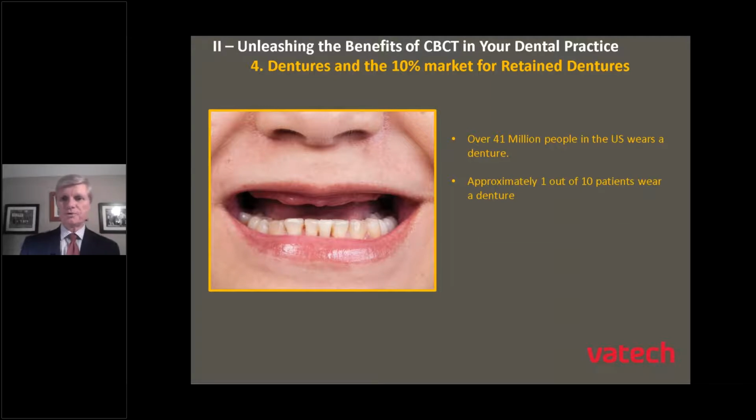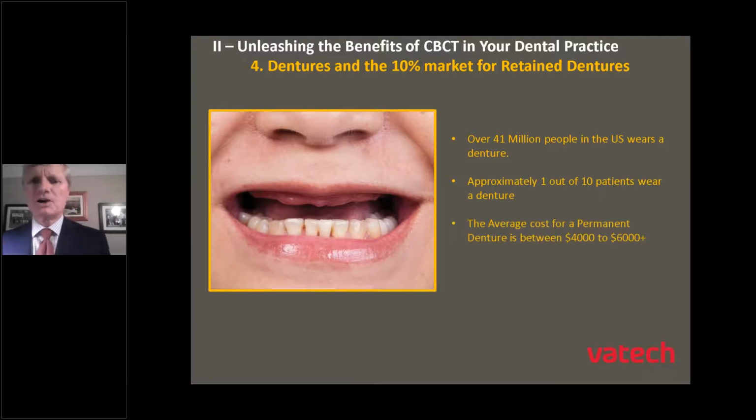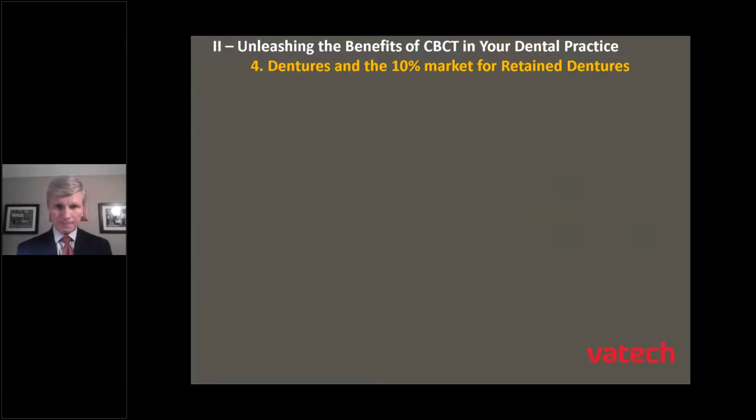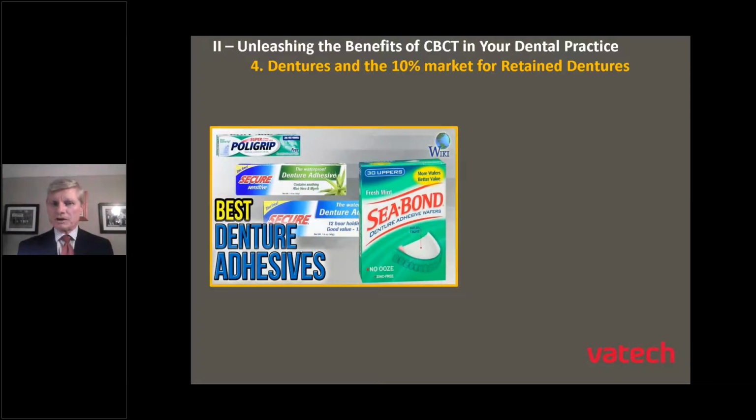So for instance, when we talk about the cost, the average cost for a denture is anywhere between $4,000 to $6,000, even higher than that, depending on the type of denture, how many implants you're using, and so forth.